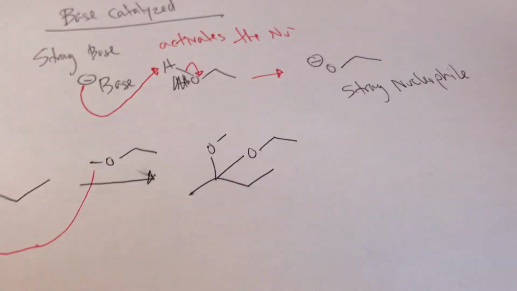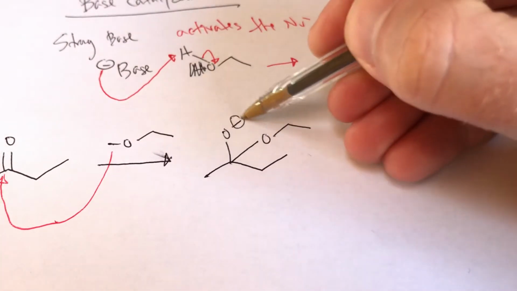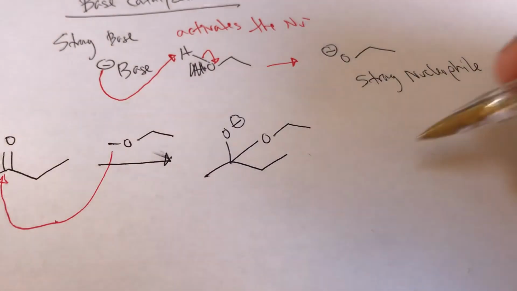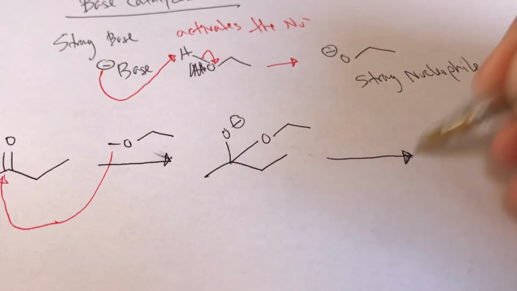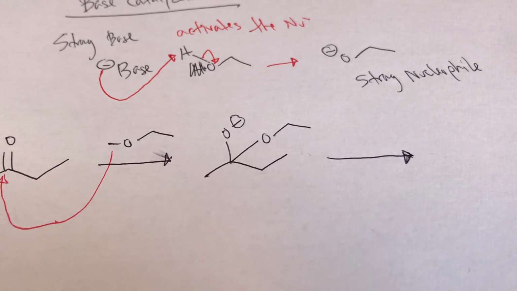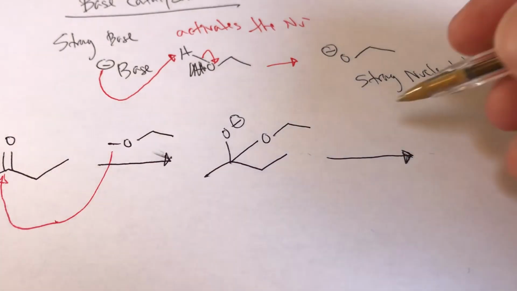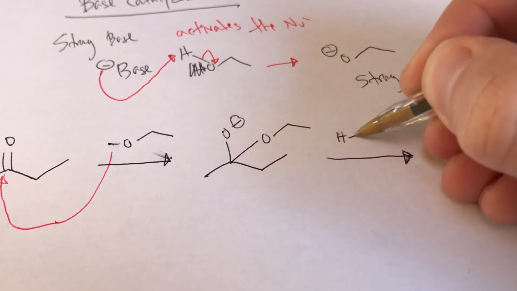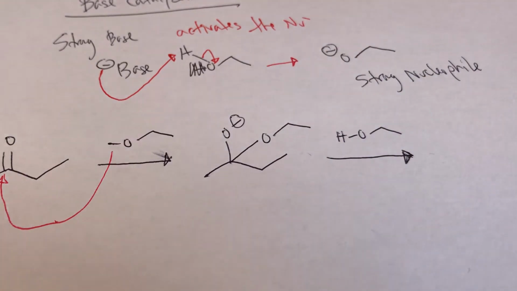In order to make this neutral and back to the OH group that we would expect in the end, we need to do a proton transfer from the solvent or from the reactants to make it go. So we probably have some more ethanol around.